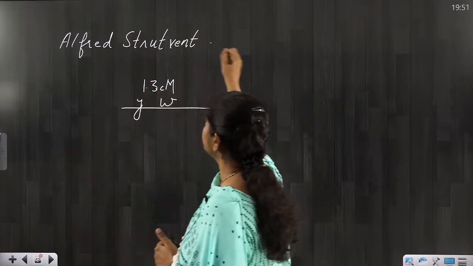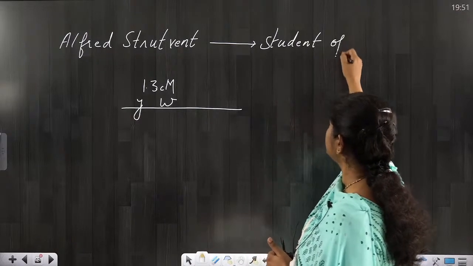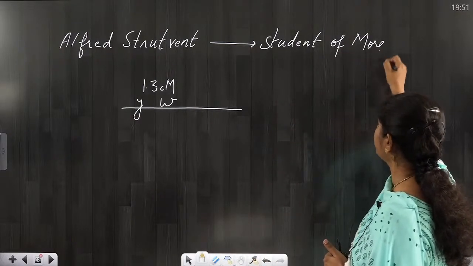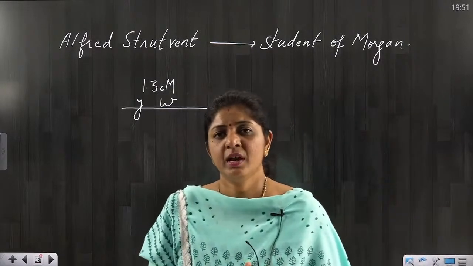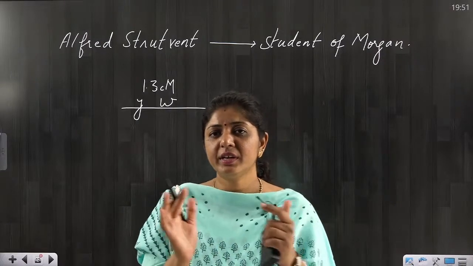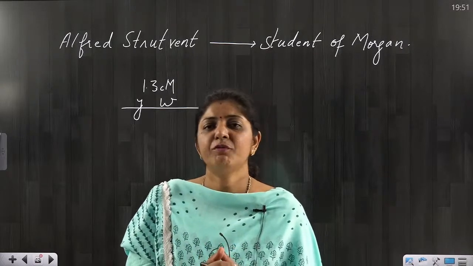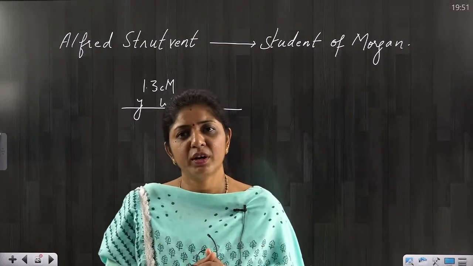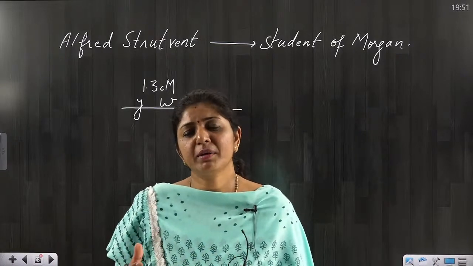And this scientist was the student of Morgan. He had given this relation. Recombinant formation, recombination is happening, linkage, the relation between them, what I have shown you, it is inversely proportional. That was mentioned by Morgan. But how can it help in gene mapping? What do you mean by gene mapping?